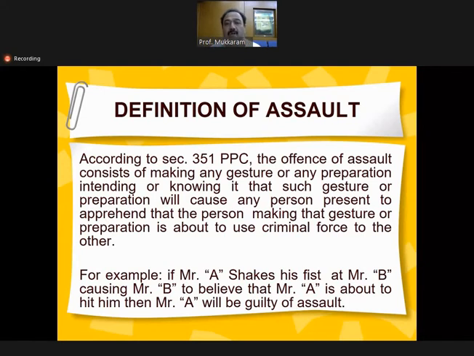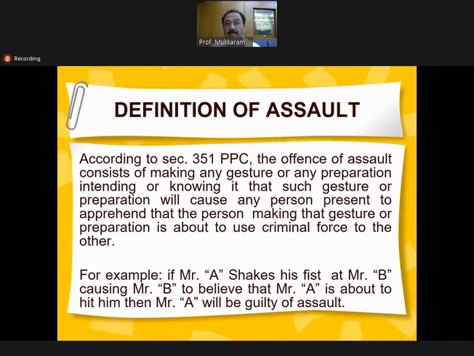Basically, according to Section 351 of the Pakistan Penal Code, assault consists of making any gesture or any preparation intending or knowing that such gesture or preparation will cause any person present to apprehend that the person making the gesture or preparation is about to use criminal force on them.